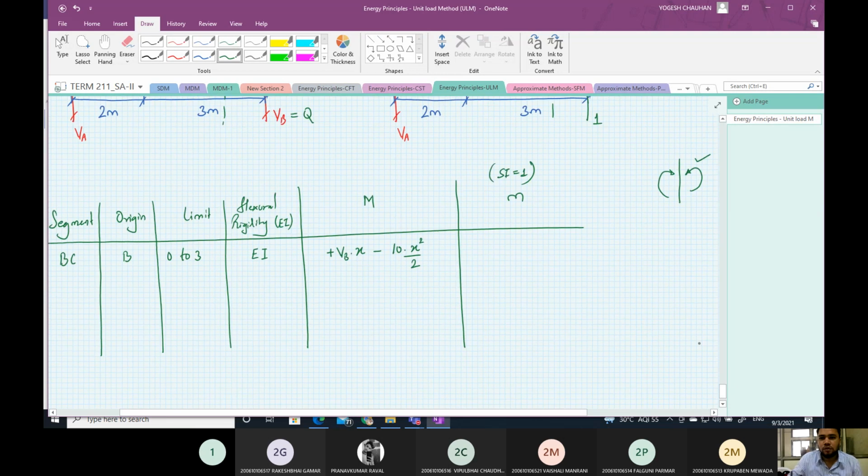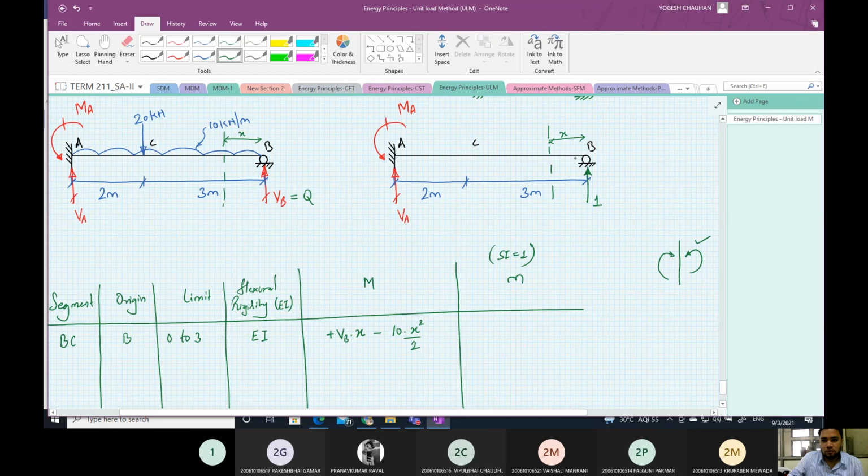In that case, you have to apply two unit loads, and you will have m1 and m2 corresponding to redundant 1 and redundant 2. Because of this unit load, the moment about this section will be 1 into x. Now this will also cause anti-clockwise moment about right of the section, so it is positive, so it will be plus 1 into x.